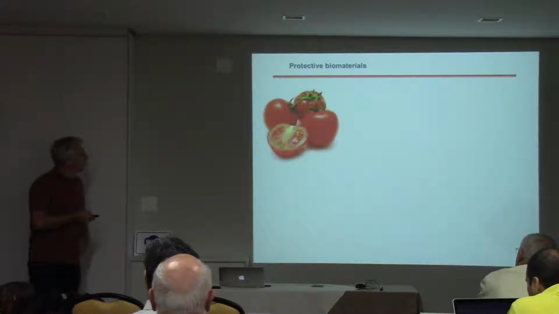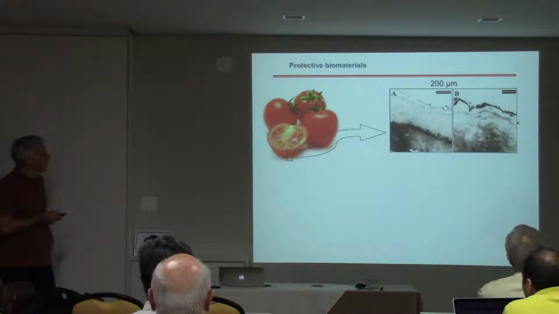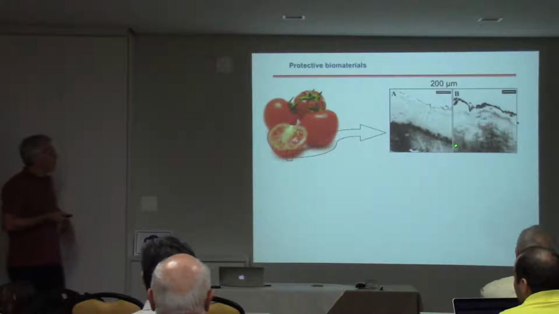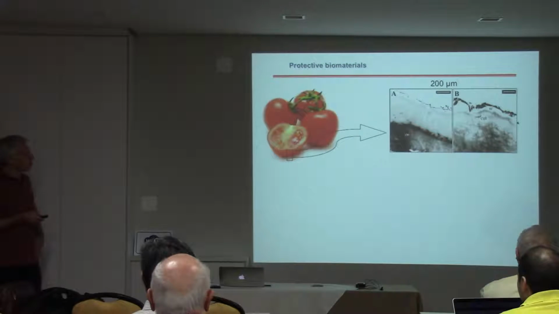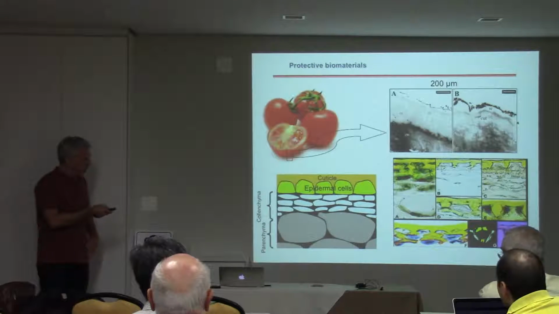Let's see a tomato. In a tomato, we see the skin. There is a relatively thick layer that protects from this kind of attack.